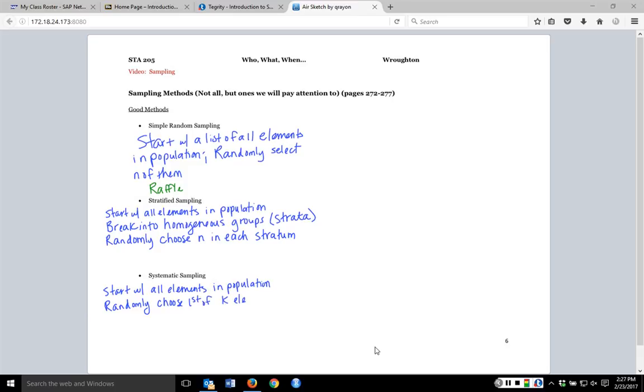So I might say, well, out of the first 10, I'm going to randomly pick one of them. So, okay, I'm going to start with the third element. Then you're going to choose every kth thereafter. If I choose my first one being the third, then I might sample every 10th thereafter, and that will become my sample.